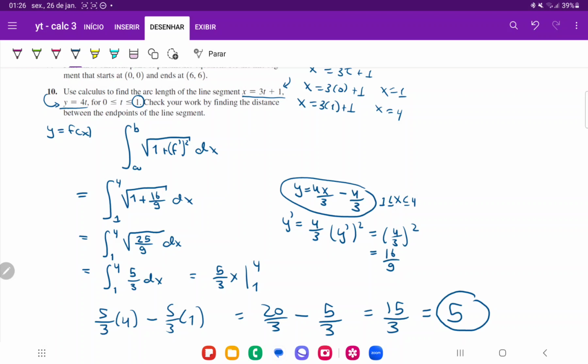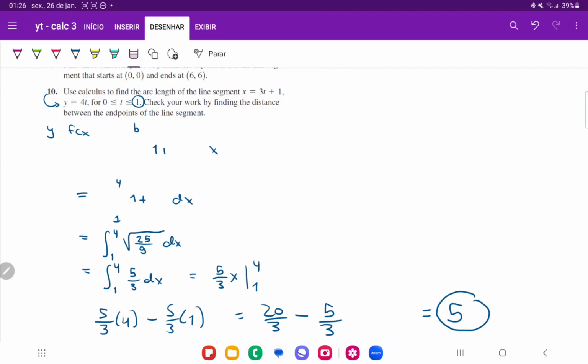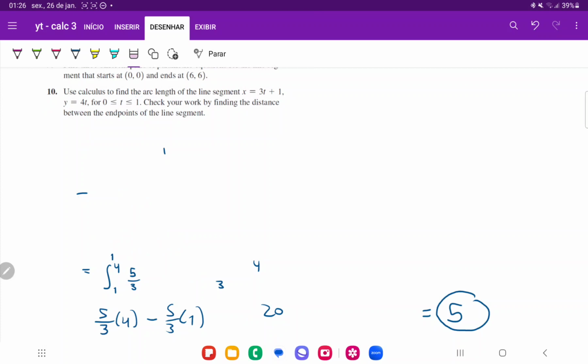And now they want us to check our work by finding the distance between the endpoints of the line segment, right? So remember the line segment, and let me erase this so that we have some space to work with. Okay, so the line segment begins where t is equal to 0, right?